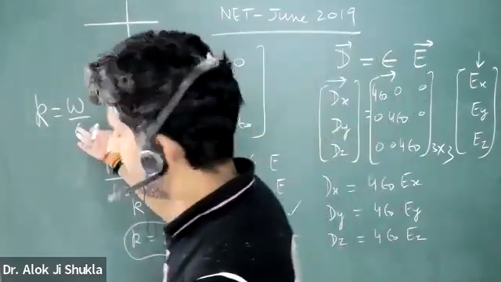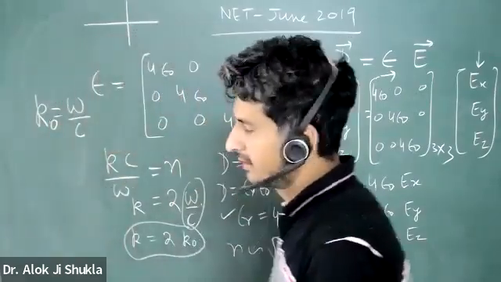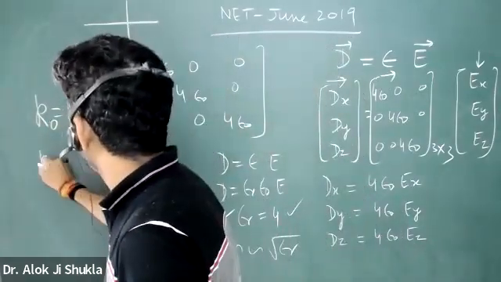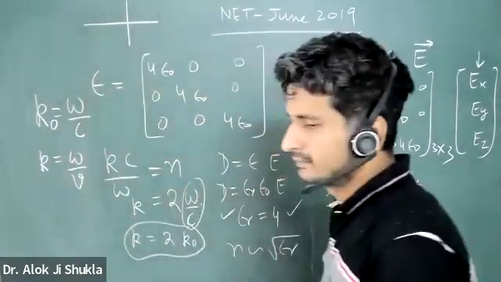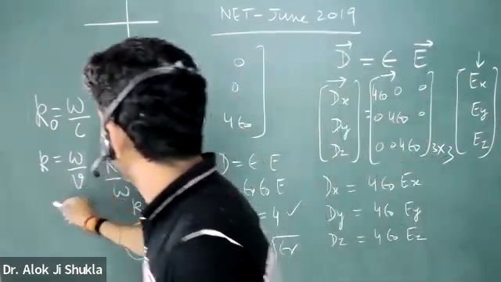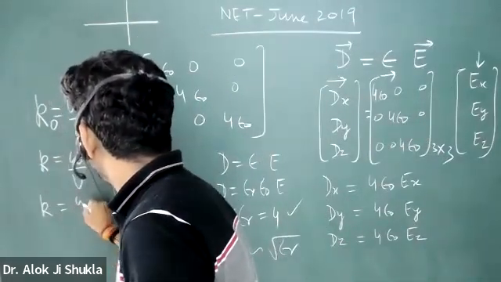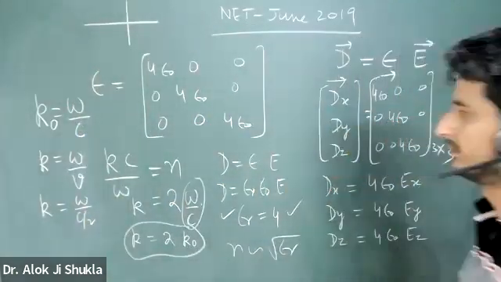So from a medium where it is coming, it is given that take it as k naught. बाद में ये हो जाएगा k is equal to omega by v. बाद में तो चेंज हो जाएगा, राइट? और v की वैल्यू यहाँ पे कितनी है? c by 2. Okay, now got it. Thank you.